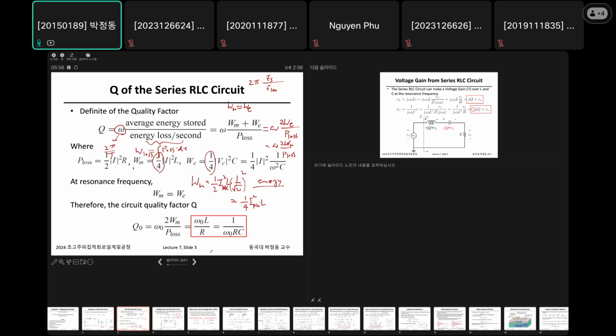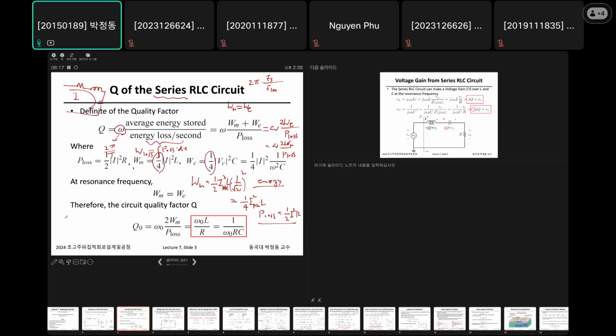Also, P loss is just caused by the resistor, so the loss caused by the resistor is I squared R. The reason why we express those in terms of I is that we are talking about a series network, which means the current is the same for all the components. That's why we want to express all of them in terms of I.